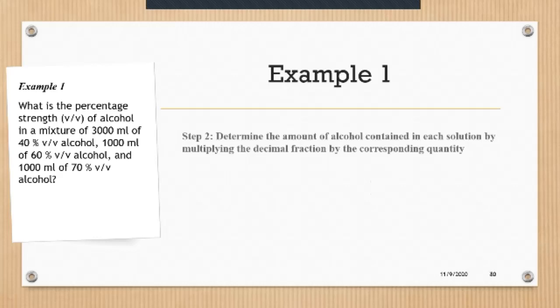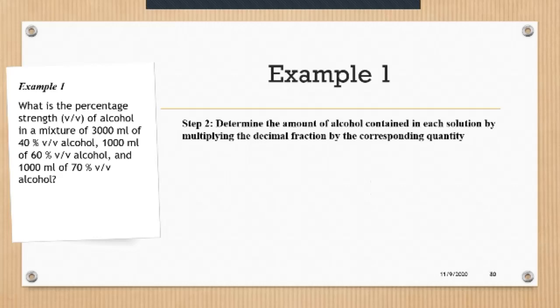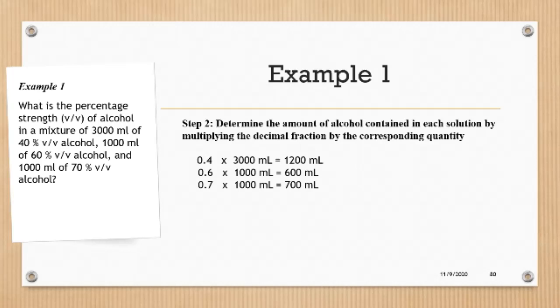The next step is to determine the amount of alcohol that's contained in each solution by multiplying the decimal that you determined in the previous step by the corresponding quantity. So 0.4 was the 40% alcohol. We multiply that by 3,000 mils, that's the quantity, and we get 1,200 mils. Same for the 60% alcohol, same for the 70% alcohol.